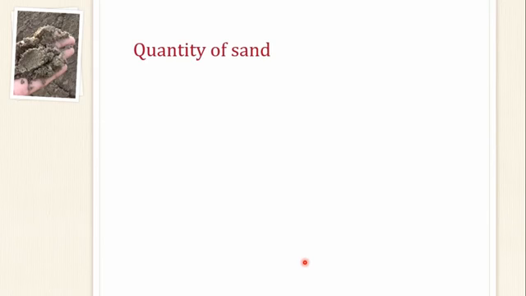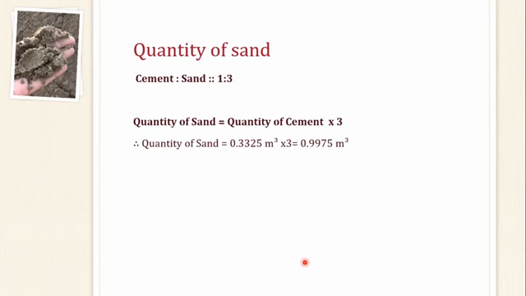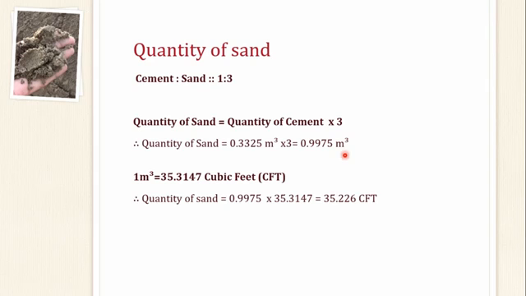Let's see the quantity of the sand. Multiply the quantity of cement with 3, then you will get 0.9975 meter cube, which is approximately 1 meter cube. And as we know that 1 meter cube equals 35.3147 cubic feet, multiply this volume with 35.3147 to get it in cubic feet.